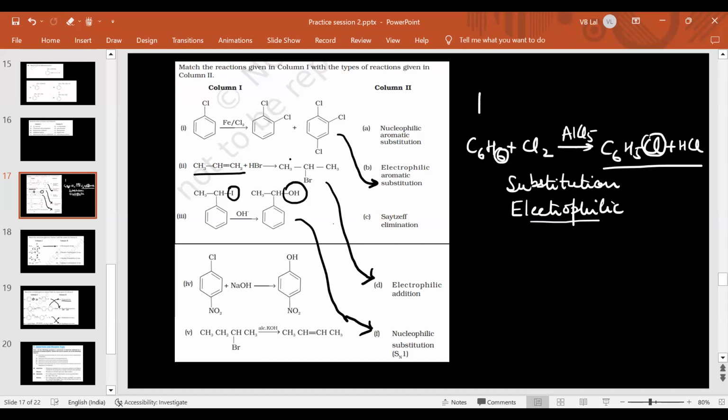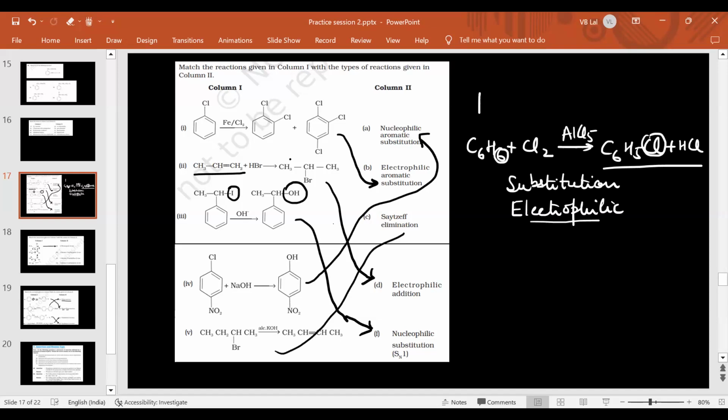Now, next one, what is happening? This is also nucleophilic substitution, but since it is happening with the benzene ring, it is nucleophilic aromatic substitution. And the last one, what is happening? Saturated compound, it has to be elimination.